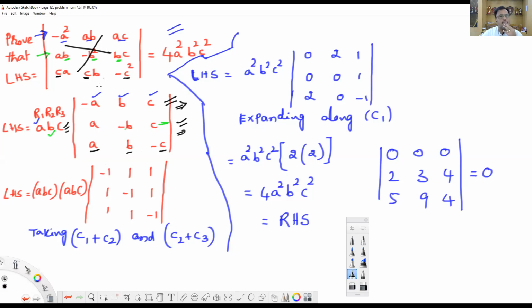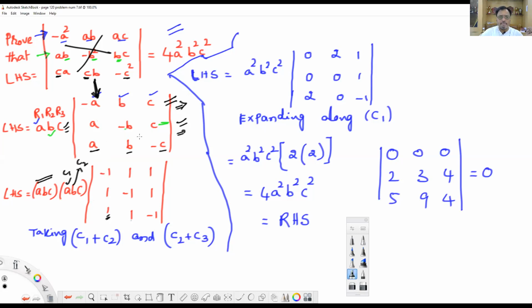In that, look at my dear students, in this column, where I am drawing with a black color, in the complete column, A is a common factor. Here already we have taken this as a common factor. A is a common factor from C1. So I have written here minus 1, 1, 1. And in the second column, B is a common factor.